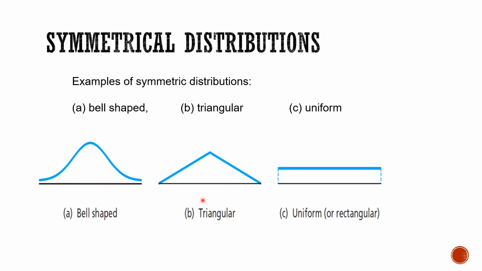The other kind of symmetrical distribution would be a triangular shape, where we have some values at the extreme ends, and then most of the values are focused around the center. And the uniform or rectangular distribution is one where you have every observation occurring an equal number of times. It's a uniform distribution.